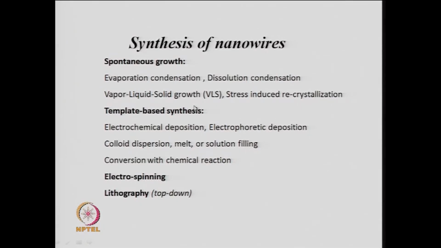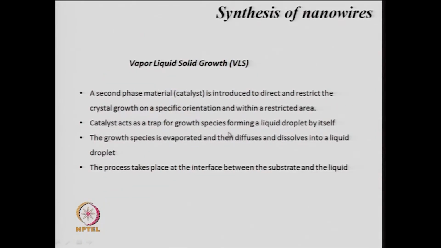And our discussion mainly will be based on the evaporation condensation and dissolution condensation, which we discussed earlier, and today we will discuss the vapor liquid solid growth and the template based methods, in which we will discuss mainly the electrochemical deposition route and the electrophoretic deposition routes. Now, what is this vapor liquid solid growth?